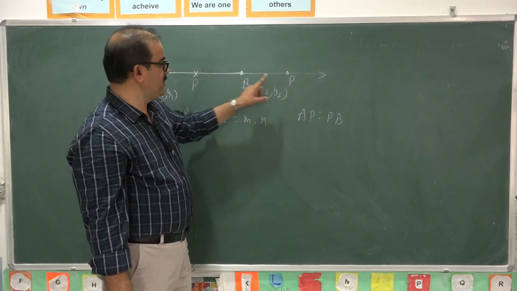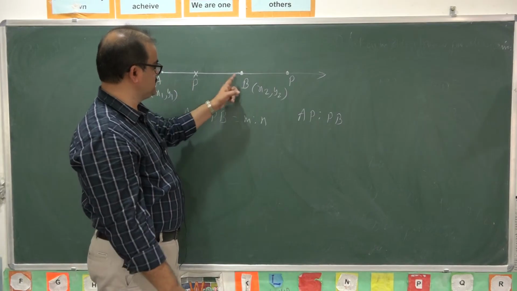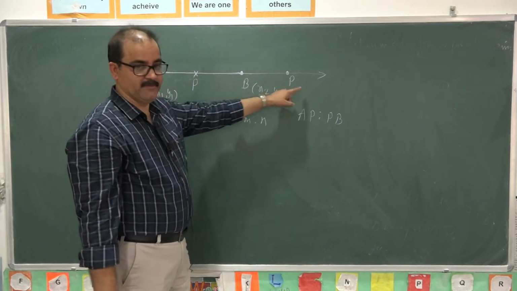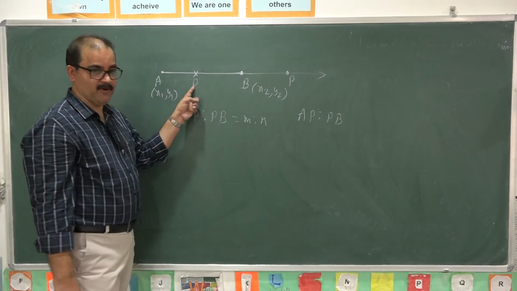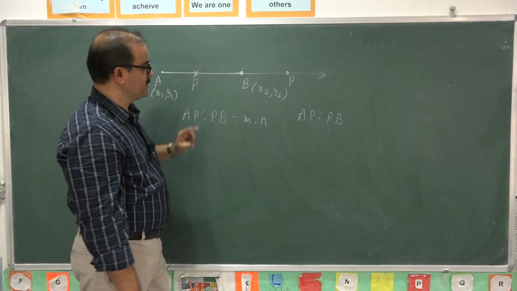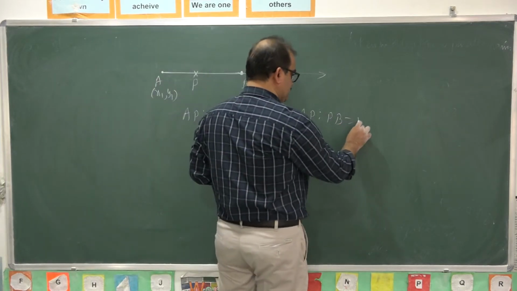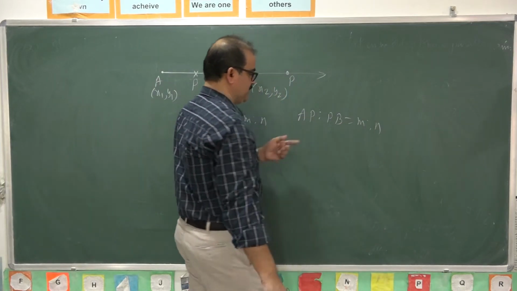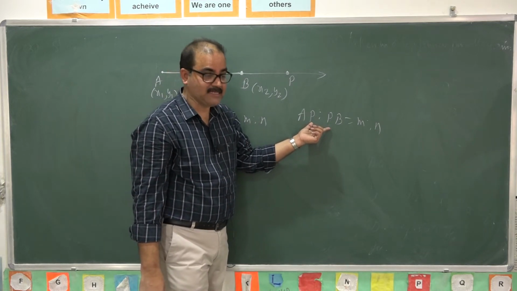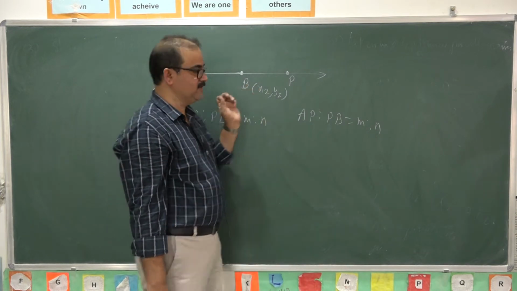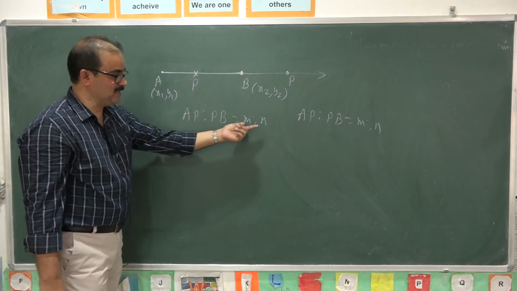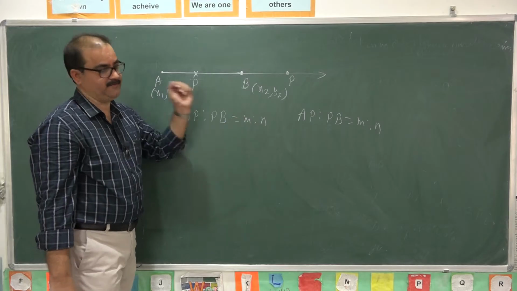P is a point which lies externally on the line segment AB. Here P is a point which lies internally in the line segment AB. Here also, if the ratio is M is to N, then we say that P divides AB externally in the ratio M is to N. Here we say that P divides AB internally in the ratio M is to N.